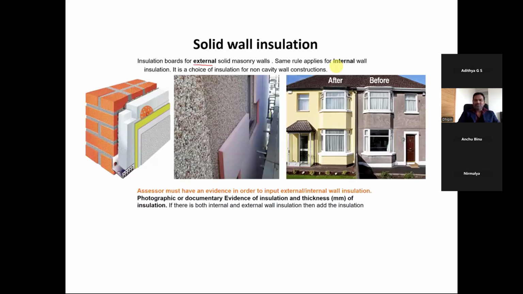Okay, solid wall insulation is something where, by looking at the building, we would know how it has been insulated, and whether it is protected from the outside or between the brick, whether the insulation has been done properly. When we are assessing the home, all we would be looking at is from the outside, but all these things will be recorded.